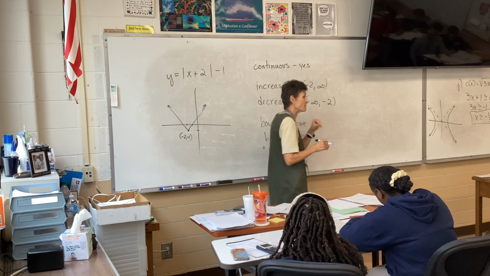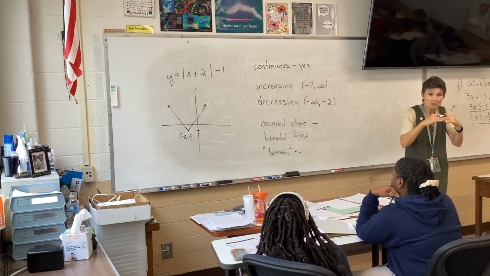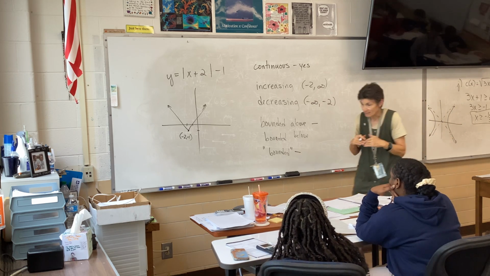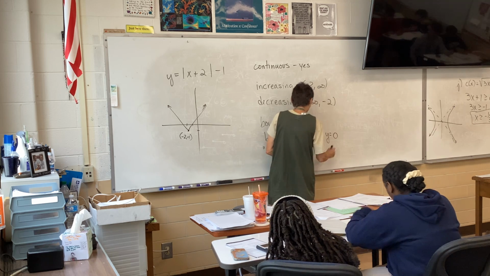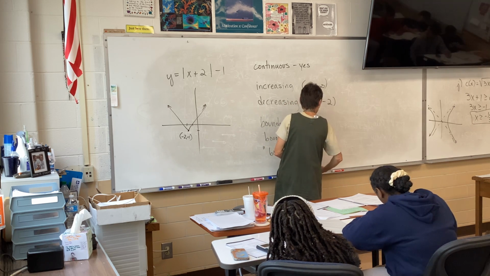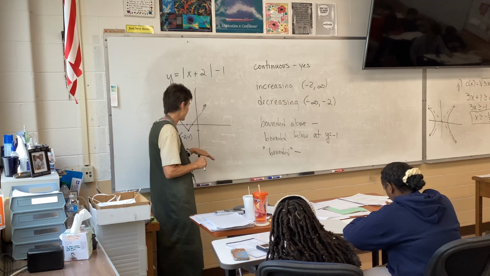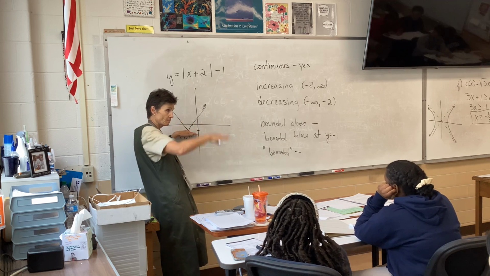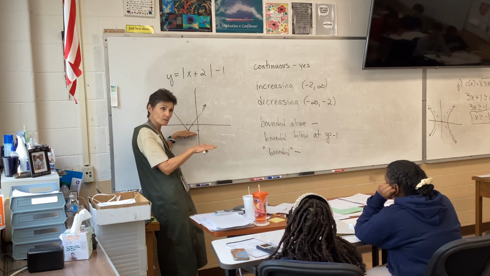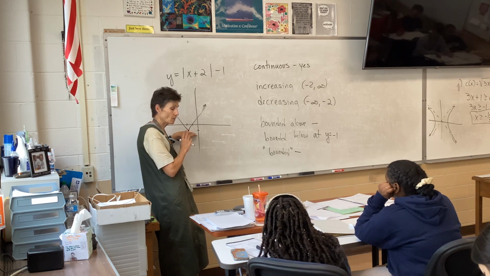Does there appear to be a floor to this picture, a point beyond which we do not go any lower? Yes. So we are bounded below at y equals -1. Our lower bound is -1. Up and down, lowest point is -1. You okay with that? Okay.